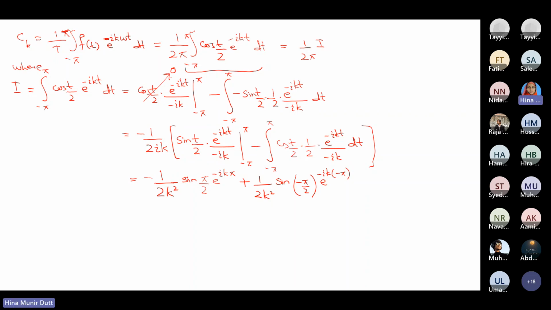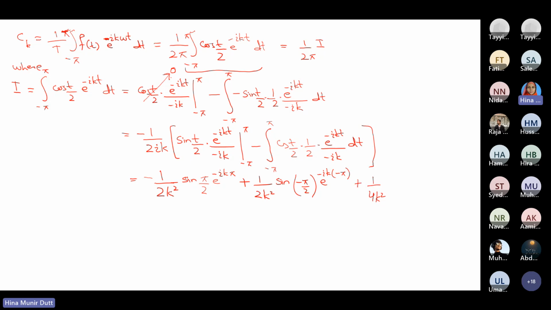And now this term: minus and minus plus, 2 into 2 is 4, 4k square. So minus and minus plus, minus iota into iota is plus 1.